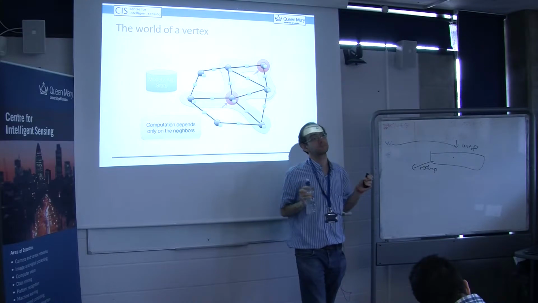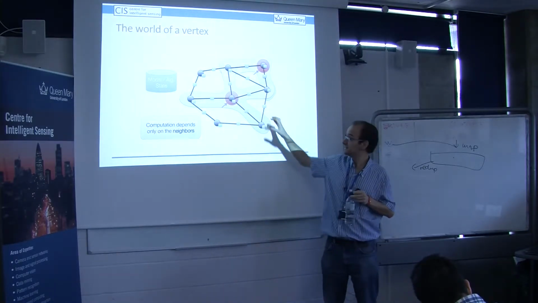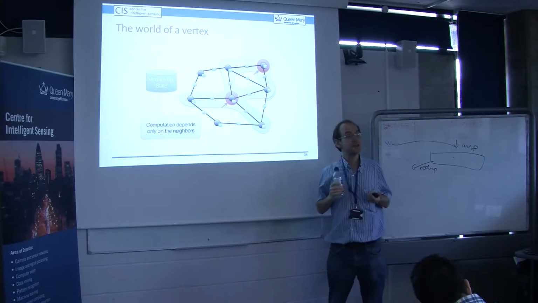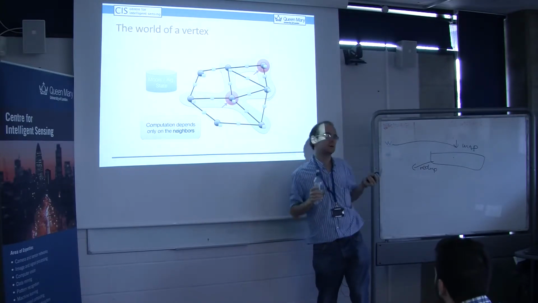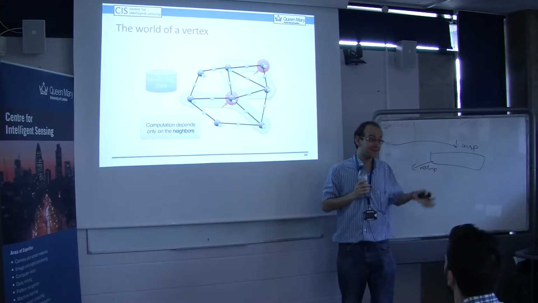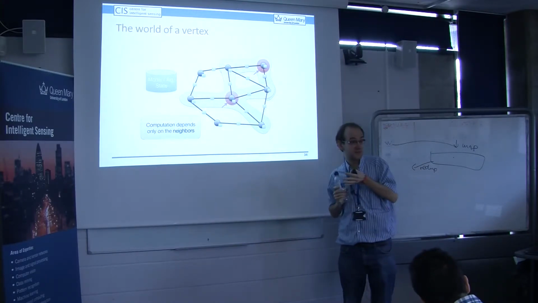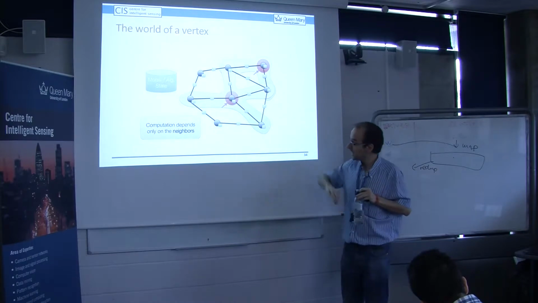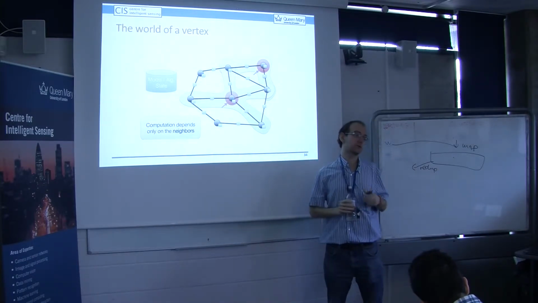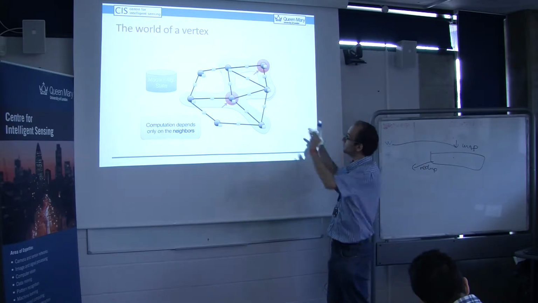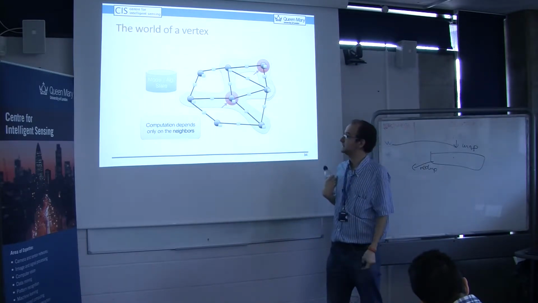But that's it. Which incidentally is basically the same information that you would have if you represent your graph as an adjacency list. So this is a quite natural way of representing a graph structure in a way that is very convenient for processing. This is what think like a vertex is about.